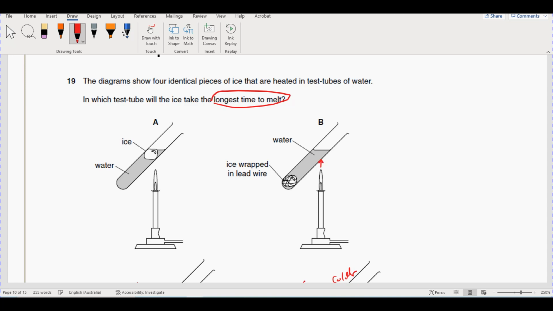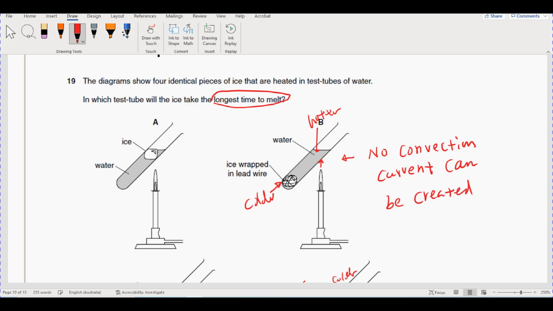When the heat goes this way, this part becomes hotter and the ice right here colder. So you have hotter water above the colder water, so no convection currents can be created. So that means it's the most ineffective way to melt the ice.